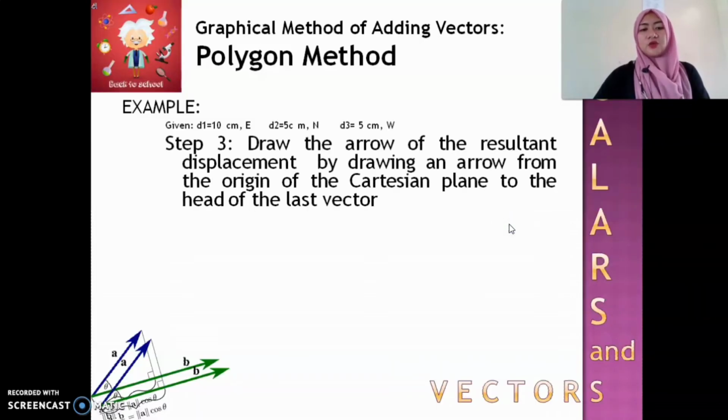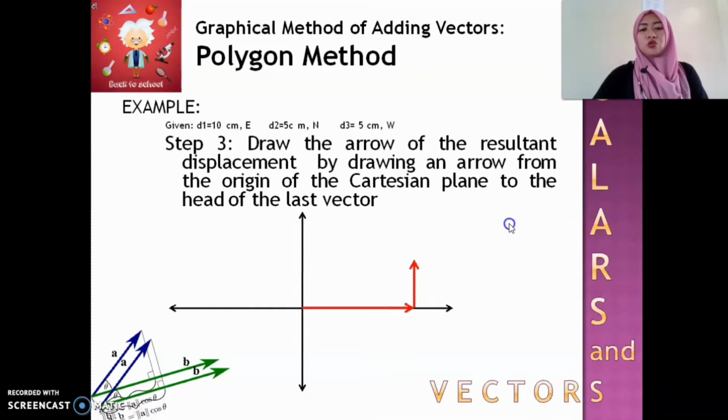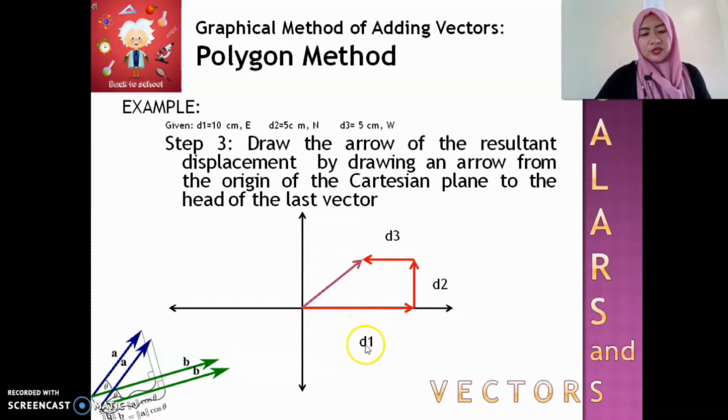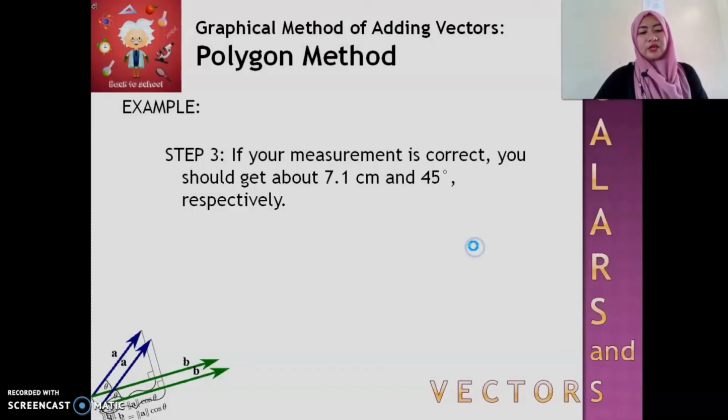Next, because you have drawn that in a Cartesian plane, what you do is draw the arrow of the resultant displacement by drawing an arrow from the origin, in this case here, going to the head of the last vector. Okay, this is our displacement 1, displacement 2, and this is our displacement 3. So this violet is our resultant displacement.